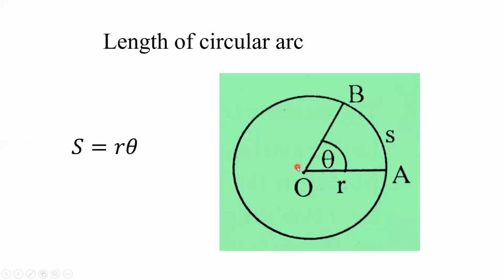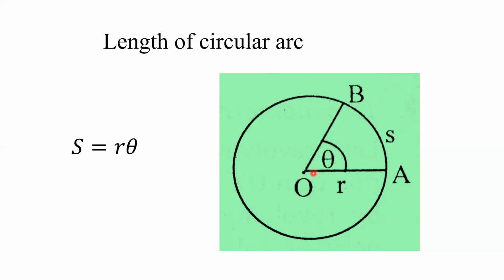First of all, see the figure. Let O be the center of this circle, whose radius is r, and arc AB equal to s, which produces an angle theta radian at the center. Therefore, the circumference of the circle is 2 pi r.